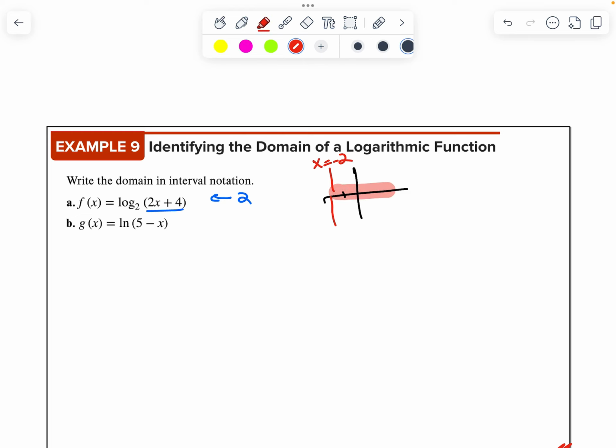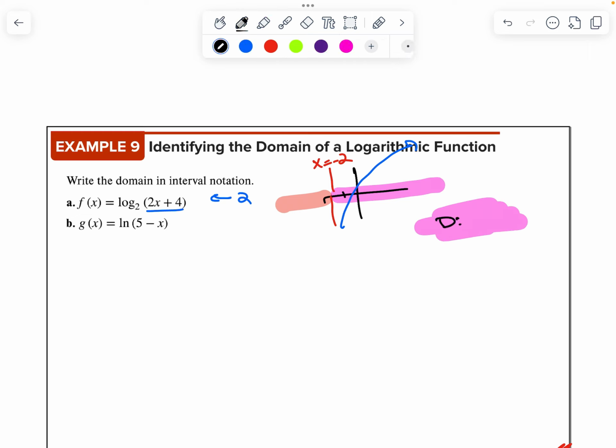There's going to be no graph over here, right? And our graph is going to be in this area. I don't know what it looks like, but something like that. And so our domain is going to be everything from there over. So the domain is going to be from negative 2 to infinity.